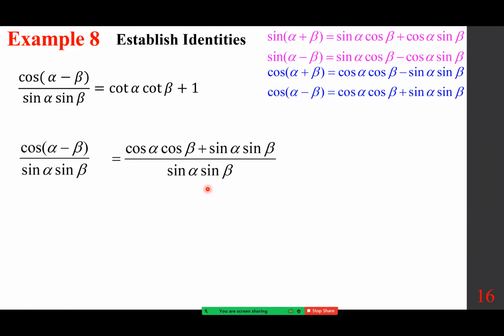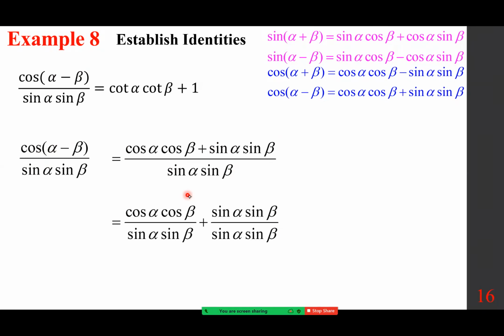All we have to do is make up two fractions. This is one, and this is another one. So we cut this into two fractions. Clearly this is 1 because the top and the bottom are identical.